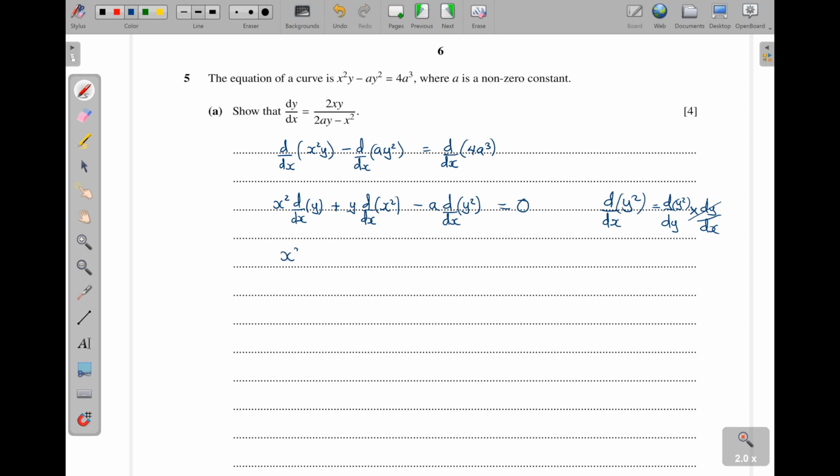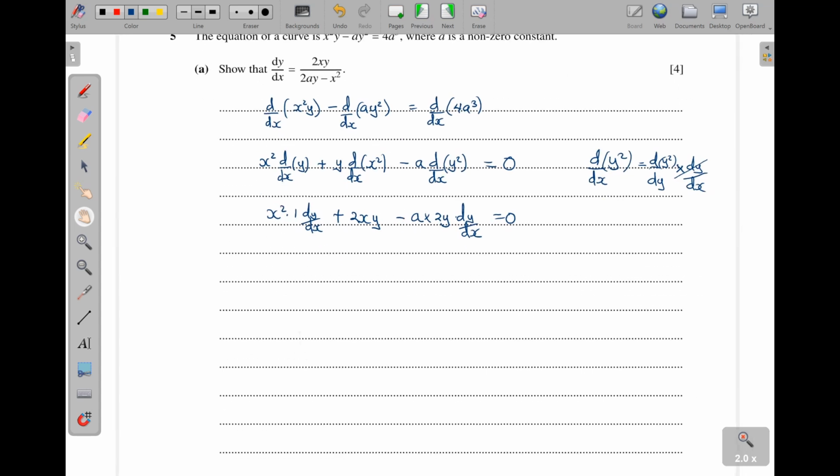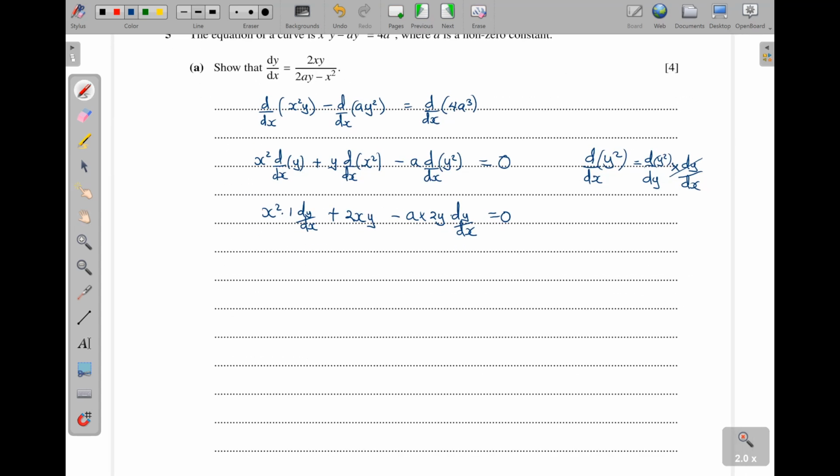So when we differentiate y, it gives us 1, so we shall have x squared times 1 times dy/dx. You have to multiply with the dy/dx. Then plus, when I differentiate x squared, it gives me 2x, so 2x times y, that is 2xy. Minus, here we get a times, when I differentiate y squared, 2y, multiplied by dy/dx, which is equal to 0. Then I take the terms to the other side.